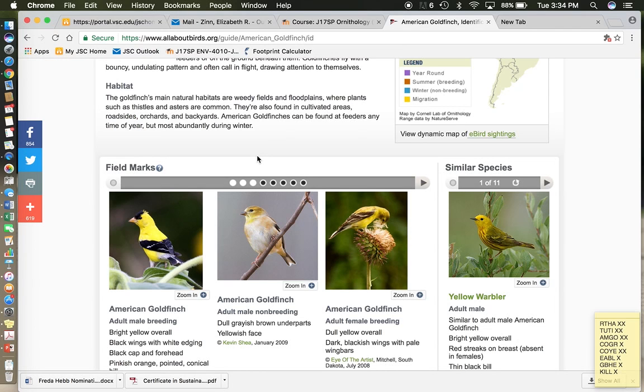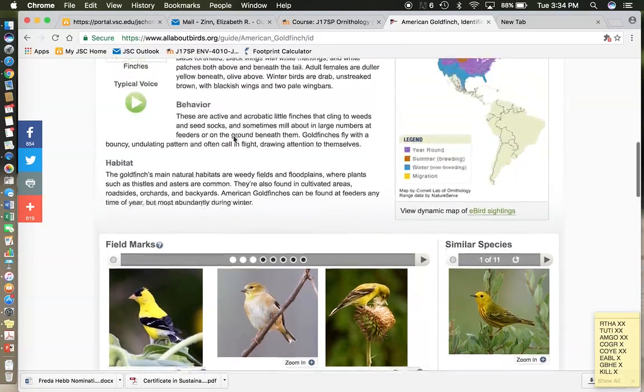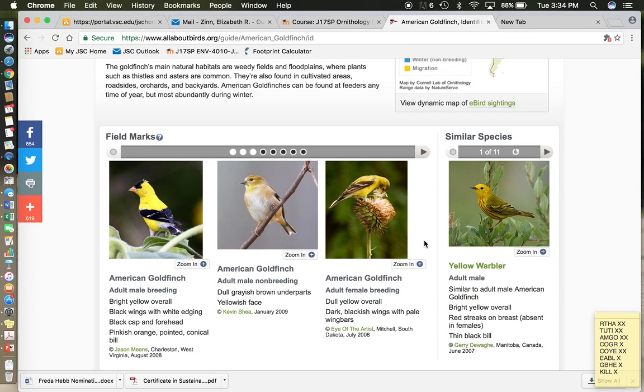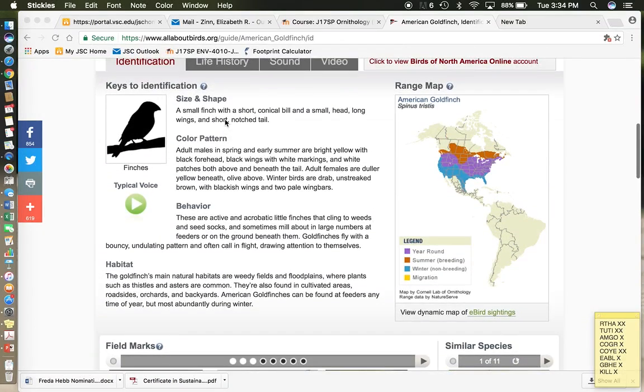Okay, you do need to know the call of the American goldfinch. Actually, I'm going to change that because American goldfinches are not the easiest to learn, especially if you're not familiar with what finch calls sound like in general. But I will play it for you. The American goldfinch is a very complex sound, a very complex call, as most finches are, very twittery.